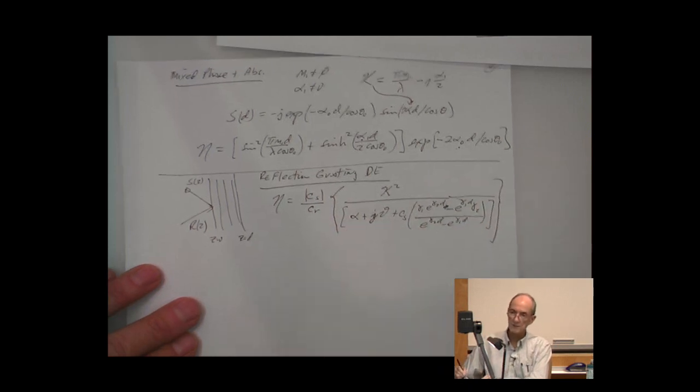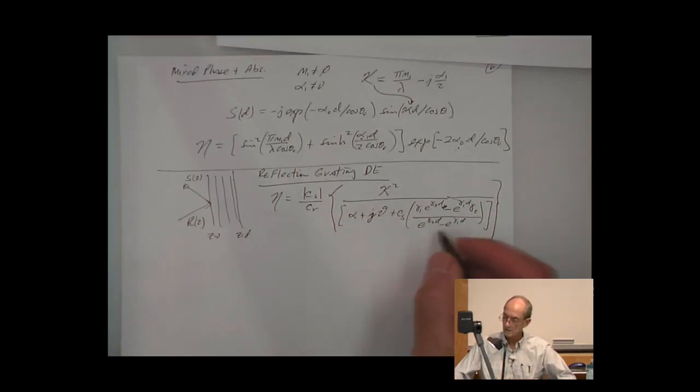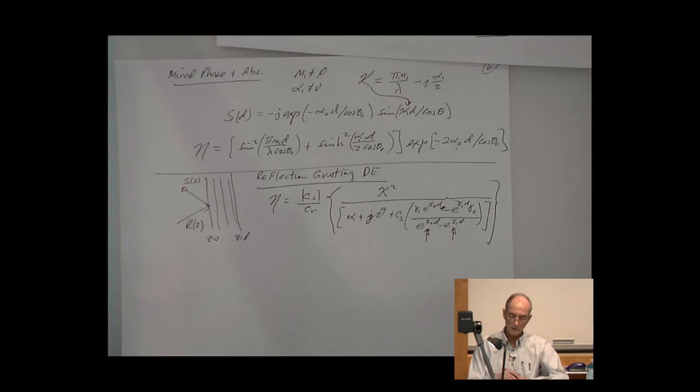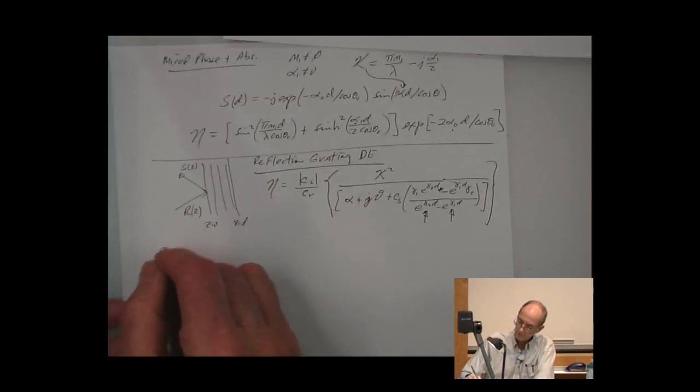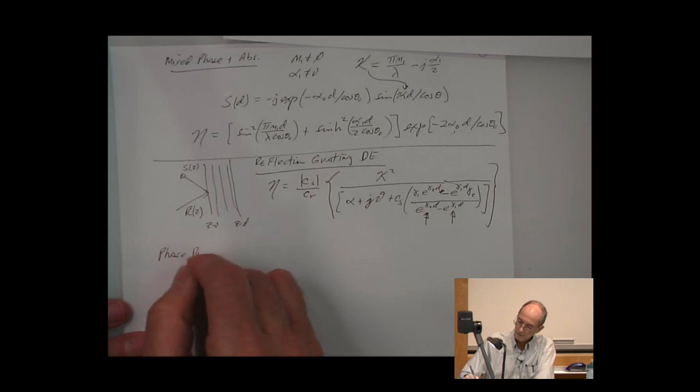All right, so the nature of the grating is going to be dictated by gamma 1 and gamma 2, and that'll tell us whether we have an absorption grating or a phase grating. So let's first look at the phase reflection grating.